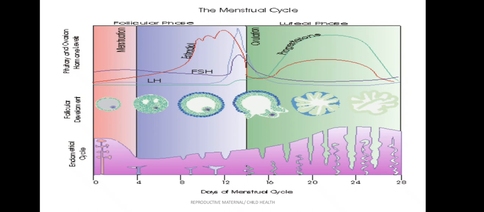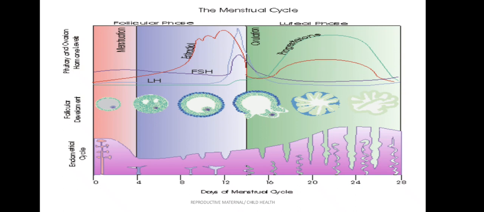For menorrhagia, that's excessive menstruation. The normal cycle is between 21 to 35 days, the duration is from 2 to 7 days, and the blood loss is about 35 to 40 mils. So excessive loss is menstruation that's too long, too frequent, too heavy, or too irregular.